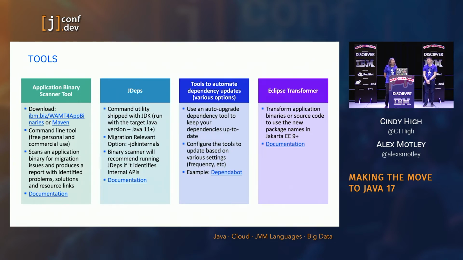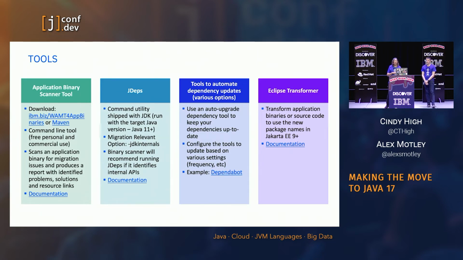It will scan your binary, your ear, your war, your jar, and do analysis on that, where you can see what changes you would hit when moving. The binary scanner goes back to Java 5, but you set your source Java SE and your target Java SE, and it gives you a nice report to tell you what you've hit, what we've seen in the applications.